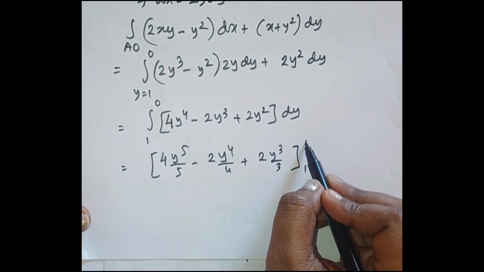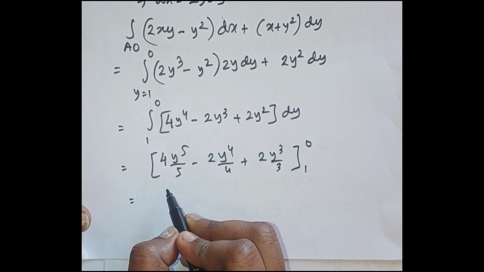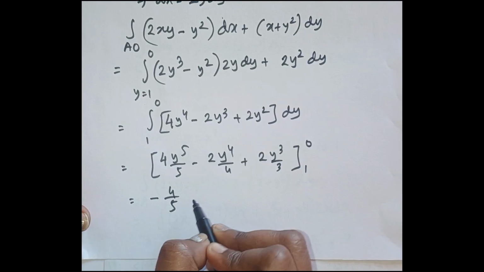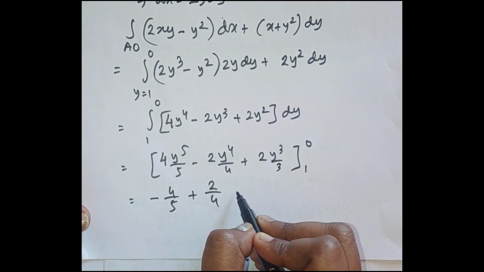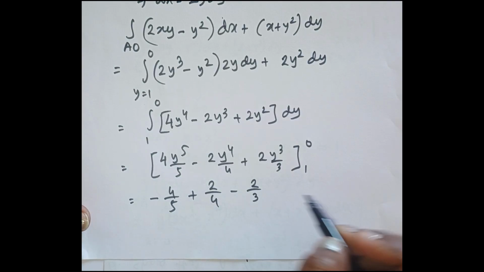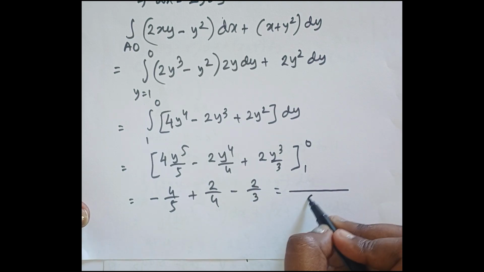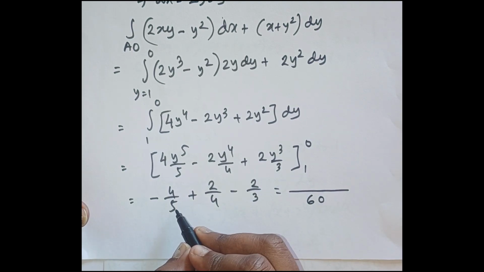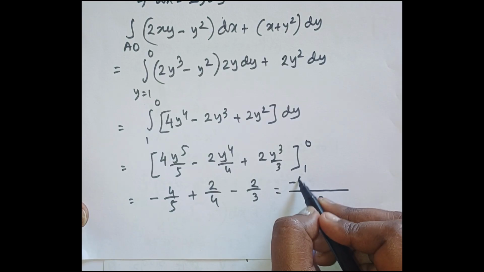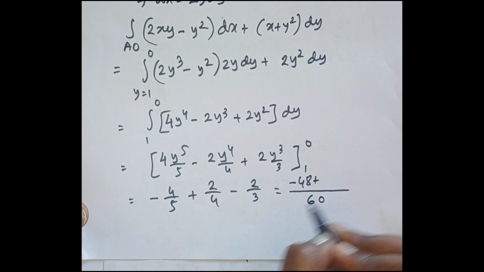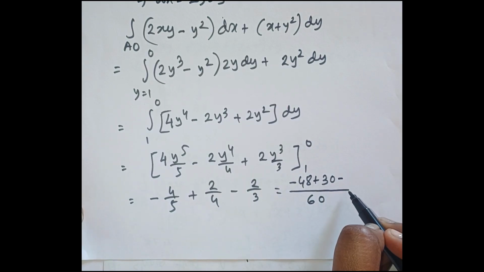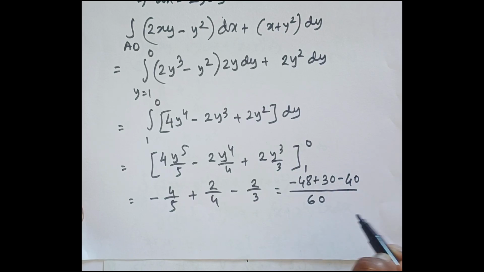And if you put the limits 1 to 0, for 0 all will be 0, then minus 4 by 5 plus 2 by 4 minus 2 by 3, and then the LCM is 60, and if you calculate, this will be minus 48 plus 30 minus 40.